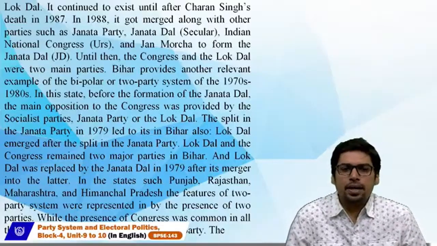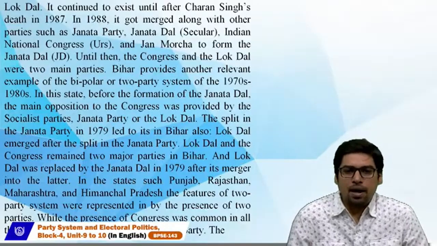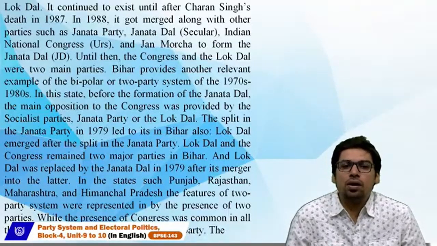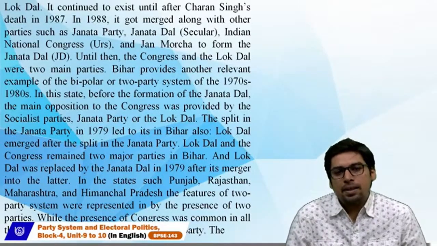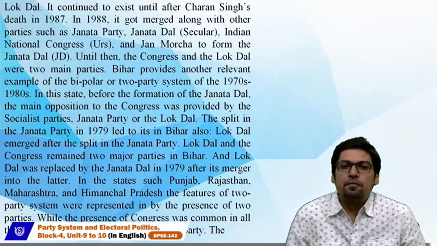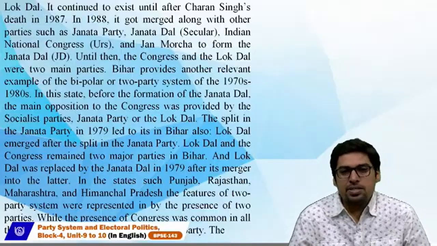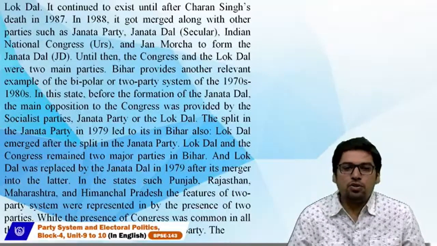In states such as Punjab, Rajasthan, Maharashtra, and Himachal Pradesh, the features of a two-party system were represented by the presence of two parties, while the presence of Congress was common in all these states. These states each had a specific opposition party.